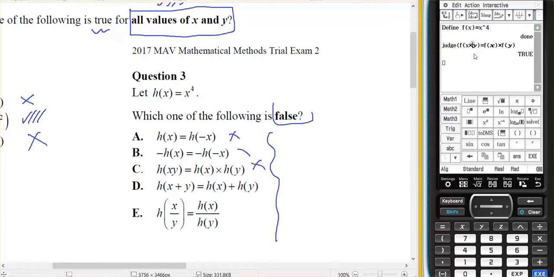I want x plus y and undefined. Sometimes true and sometimes not true. So this is the one that is not the same, therefore that's going to be my answer. And I can just double check that with my divisions, which is part E, and I get a true statement. So D is the correct answer in this particular case.